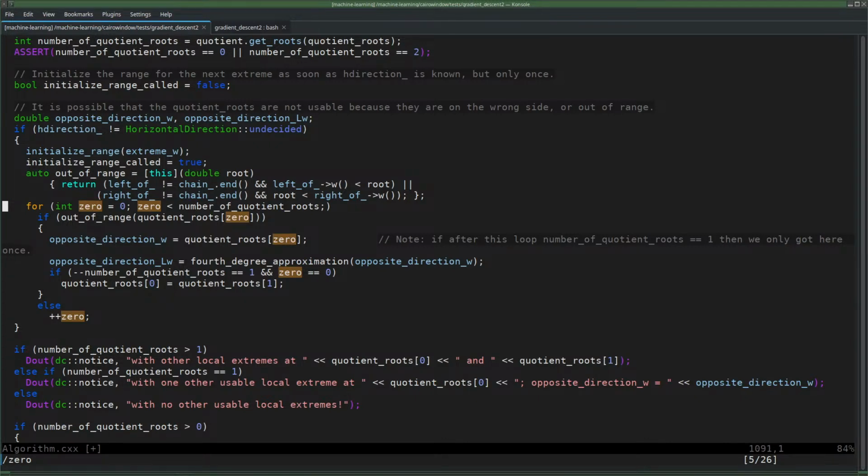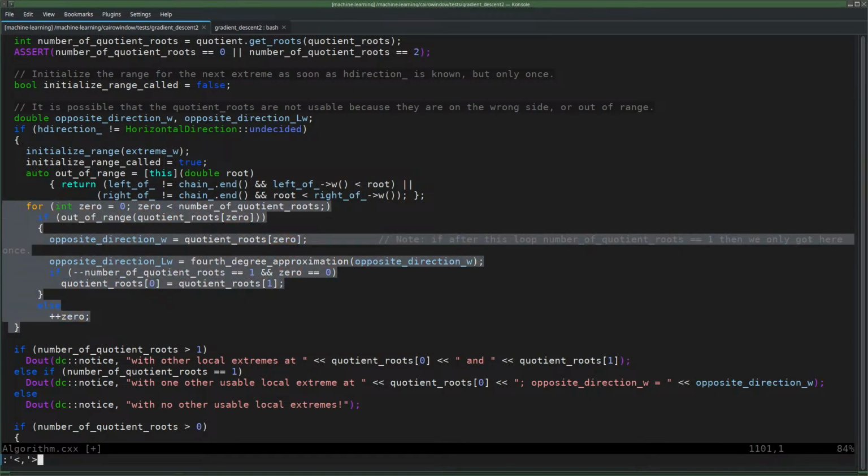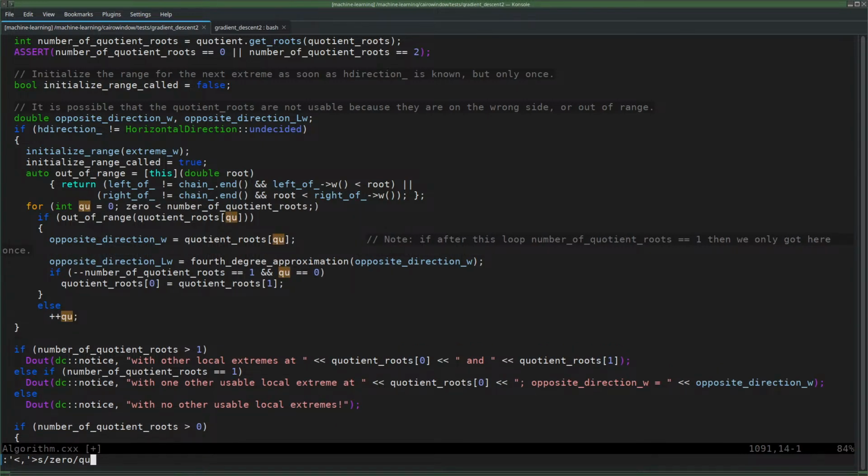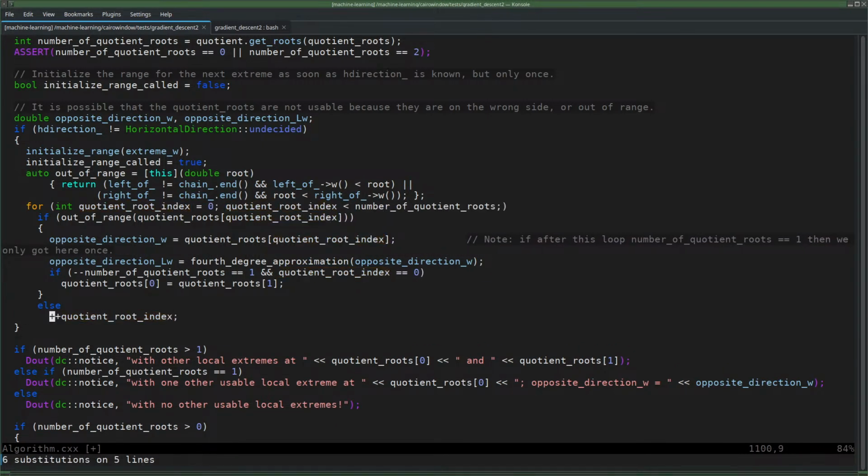Quotient root index. Oh, how about that? Actually going to do it. It sounds so long, but hey, it is a quotient root index. Maybe you can argue that it is a quotient roots index.